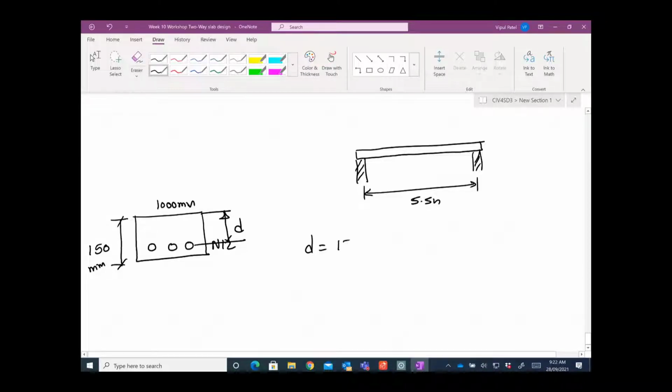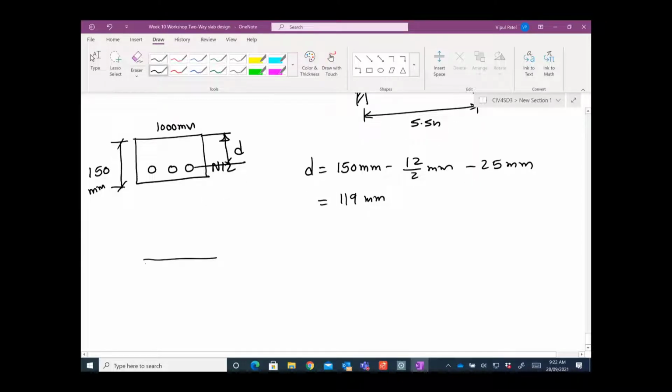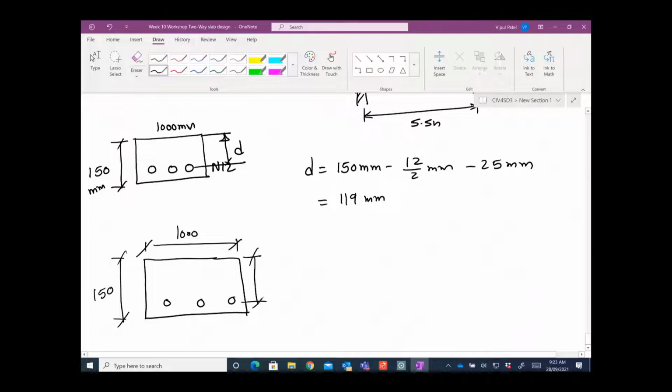That small d equals 150 millimeter, take away 12 divided by 2, take away 25 millimeters cover. So 150 take away 6, take away 25, you get 119 millimeters. That is the depth. So as you know, in the beam examples, this one is 150, this one is 1000, this one is 119.